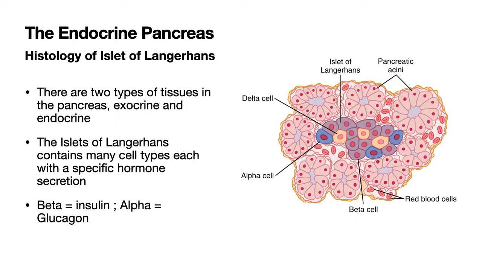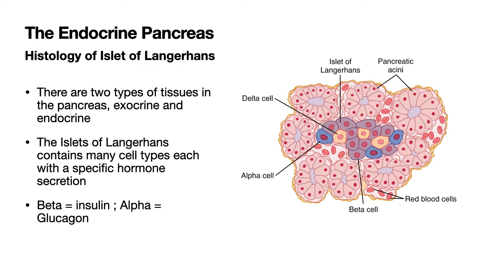So this is the endocrine pancreas. You have to understand that there are two types of tissues in the pancreas, exocrine and endocrine. When we say exocrine, we are referring to the pancreatic acini, which you will see here in the right image. This pancreatic acini, and particularly the cells here, the acinar cells, will create or synthesize your digestive enzymes.